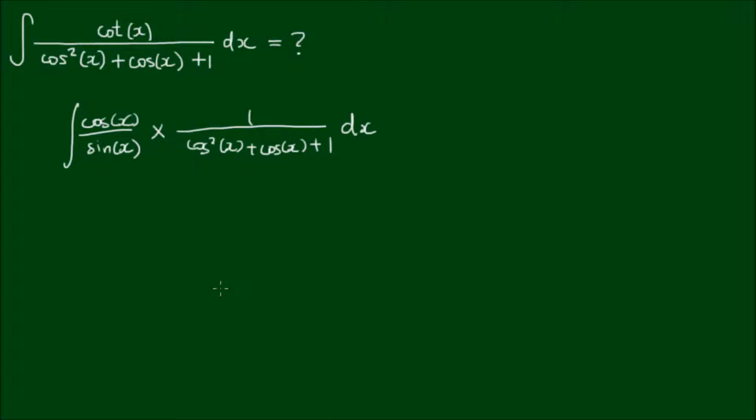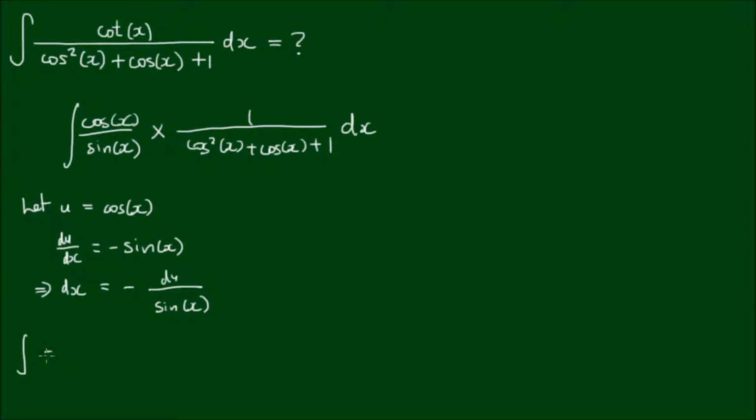I said we would use a combination of substitution and manipulation, so let's use a u-substitution, and let's let u equal cosine of x. This means the differentiation du by dx is equal to the negative of sine x. So I can write dx as equal to the negative of du on sine x.